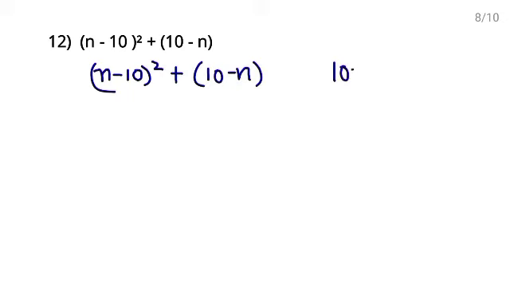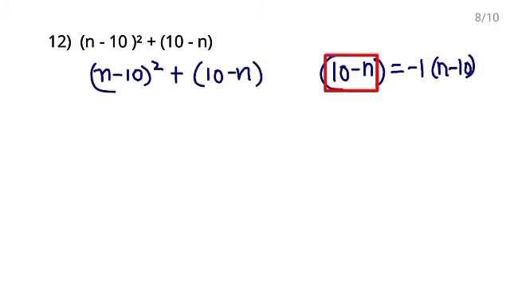Because 10 minus n can also be written as minus 1 into (n minus 10), right? जैसे ही हम माइनस साइन कॉमन लेते हैं, जो भी टर्म्स होती हैं ब्रैकेट में उनके साइन चेंज हो जाते हैं. तो ये जो 10 था प्लस का वो माइनस का बन गया. जो n था माइनस का वो प्लस का बन गया, राइट? So we can write 10 minus n equals minus 1 into (n minus 10), right?